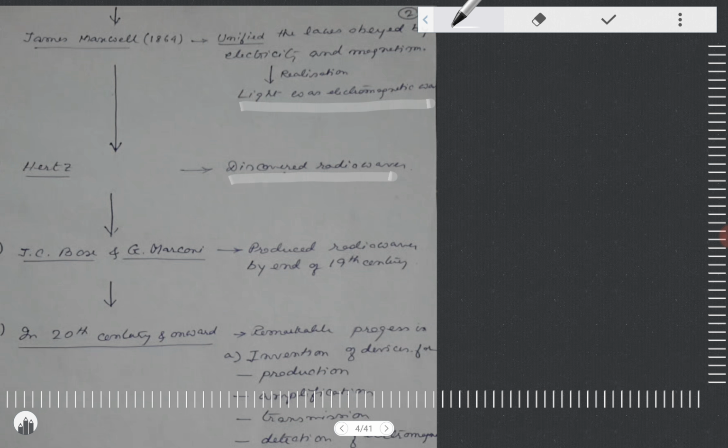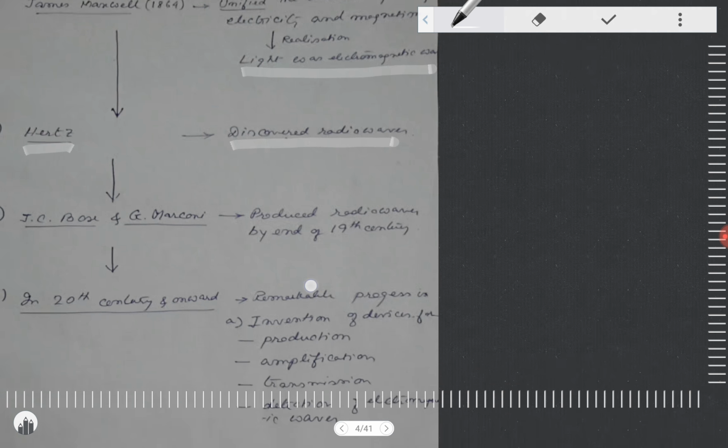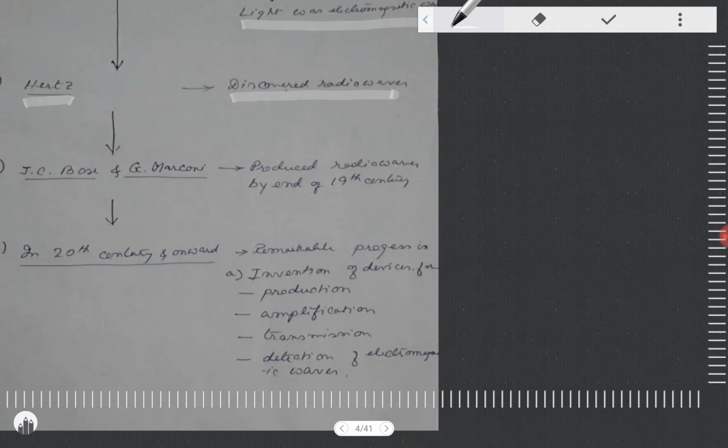He discovered the radio waves. J.C. Bose and G. Marconi produced radio waves by the end of the 19th century. Now these radio waves were discovered by Hertz, not produced by Hertz. You must remember it. And it was produced by J.C. Bose and G. Marconi.